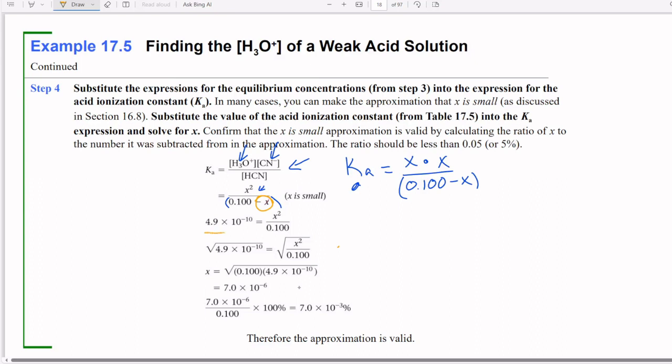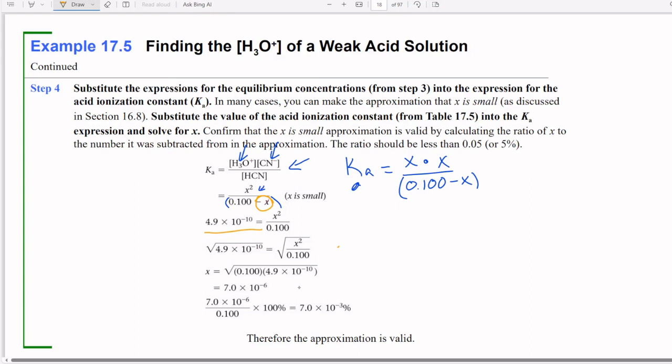And notice that the Ka here is 10 to the minus 10. And so with a Ka that small, the X that would be lost from 0.1 molar is very, very small. And therefore it wouldn't be enough to change our significant figures by an amount that would make a difference.